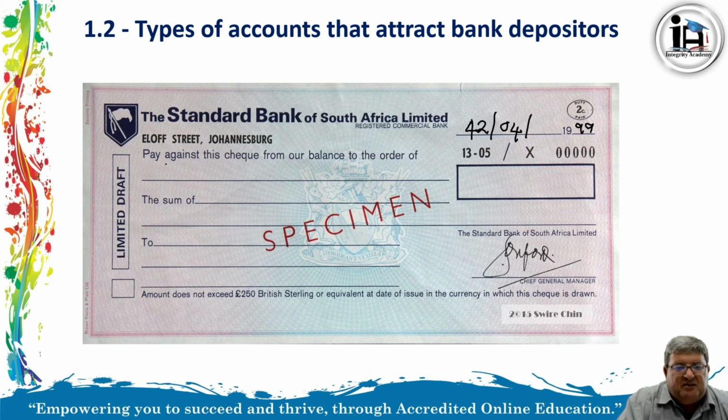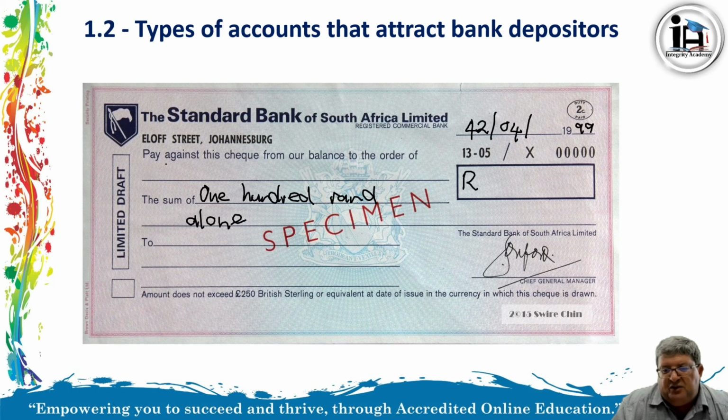I want to pay Mr. The sum of, let's say, 100 rand, and you always put on a loan so they cannot write something behind it, and I will put there 100 rand. And to whom must it be paid out? It must be paid out to Mr. Joe Soap, and then I will sign for it.